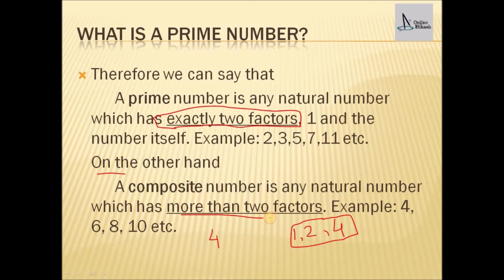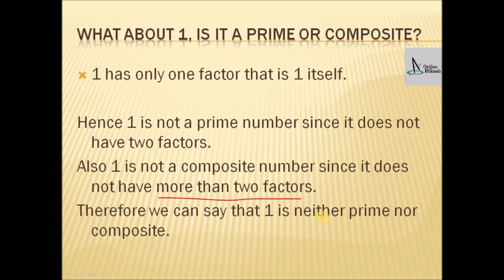A composite number must have more than 2 factors, but 1 has only one factor, that is 1. So it cannot be a prime, and it cannot be a composite. Therefore we can say that 1 is neither prime nor composite. Okay, 1 is neither prime nor composite, na ghar ka na ghat ka.